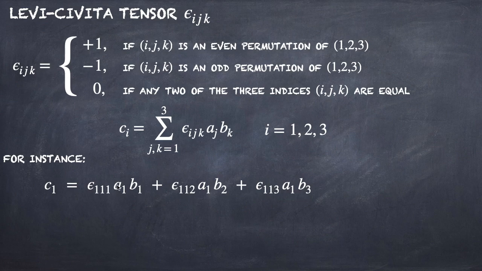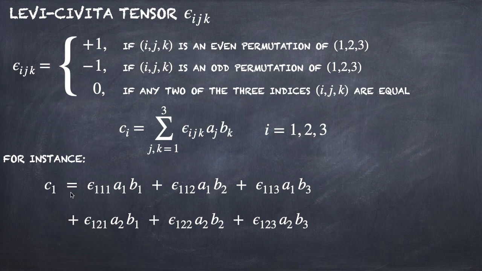So J equal to 1 and K 1, 2, and 3. This is the idea. For the next 3 terms, the i will always be 1 in this case. The J now is going to be 2, so A2, A2, A2, and the K is going to be 1, 2, and 3, and we will have B1, B2, and B3. And the last three terms, epsilon 1 3 1, epsilon 1 3 2, and 1 3 3.